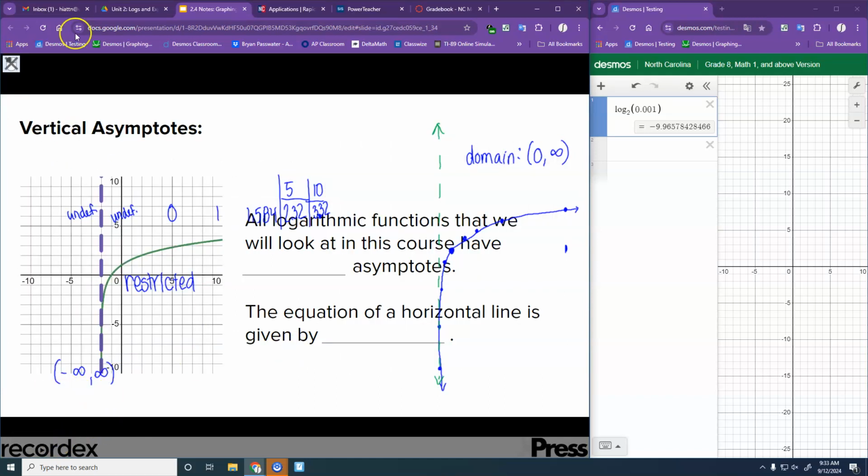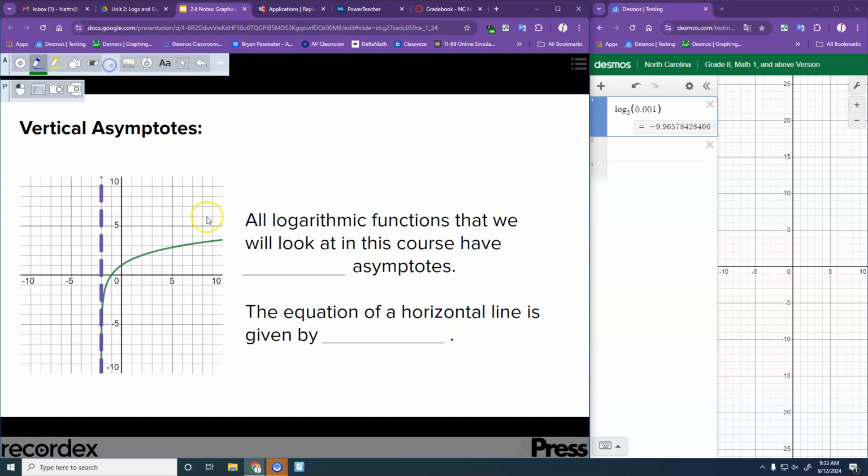All right, so let's look at vertical asymptotes. Vertical asymptotes operate just like a horizontal asymptote. It's just the values that you're looking at are opposite because this is going to be vertical. So all logarithmic equations that we will look at in this course have vertical asymptotes. And the equation for a vertical line, if I look at this graph right here and pick points on my dotted line, this would be the point (2, 7).